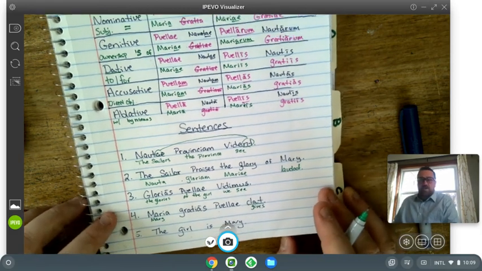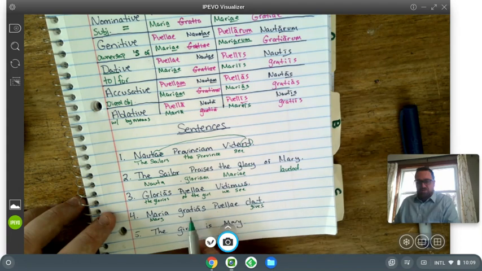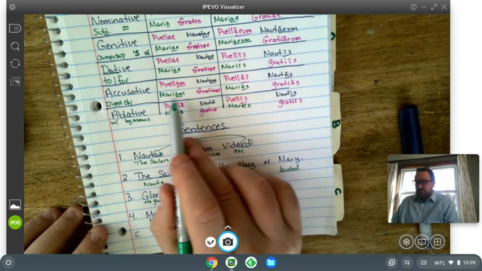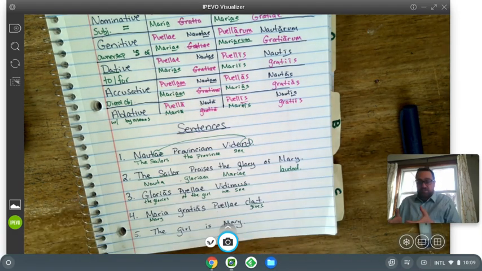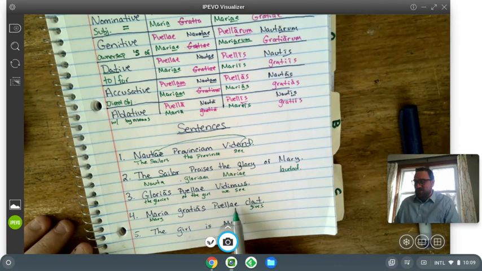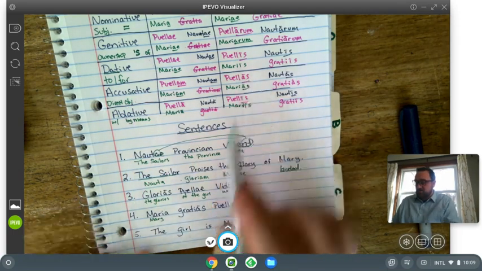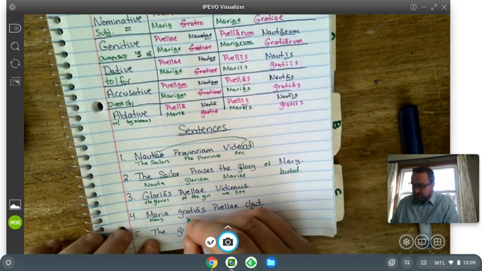Now, in order to find out what she gives, is she giving a girl or is she giving graces? Well, if she was giving a girl, then it would have to be puellam, right? If the girl was the thing she was giving, but it's not. It says puellae. So do we have an accusative word? We do. We have gratias. So she's giving graces.